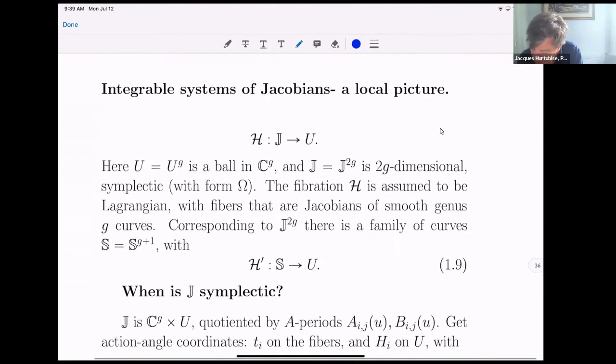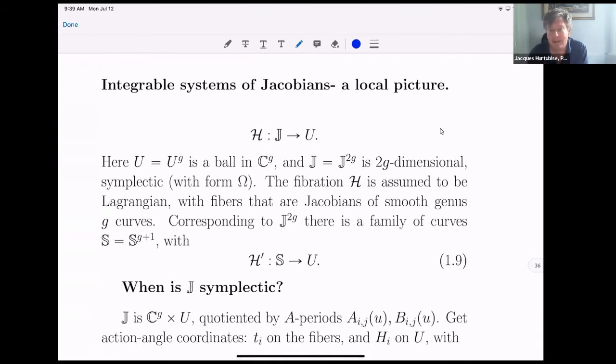So I'd like to just pause for a moment and study the global, the local geometry rather, of these systems. So I'm just going to suppose what I've got is a local system, an integrable system of Jacobians. So this is a G-dimensional space.